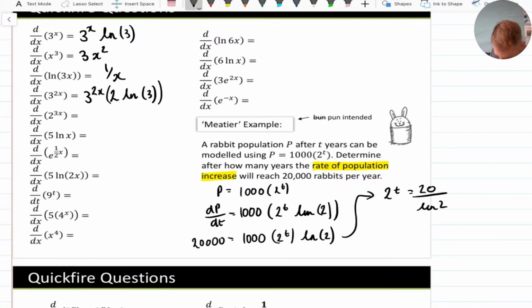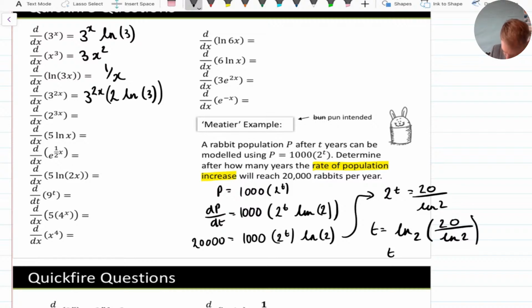And then the last little part, I'm going to need to go, so t is equal to log base 2 of 20 over ln 2, whatever that is.